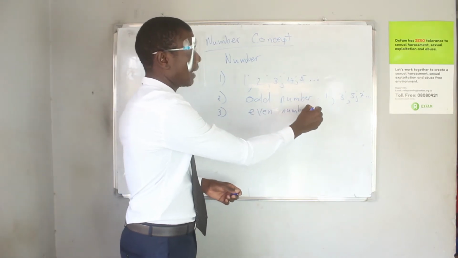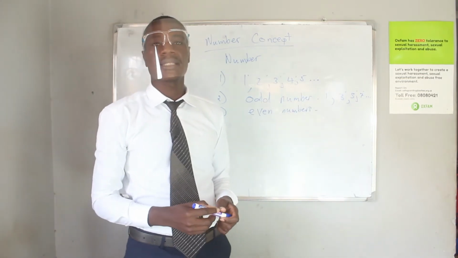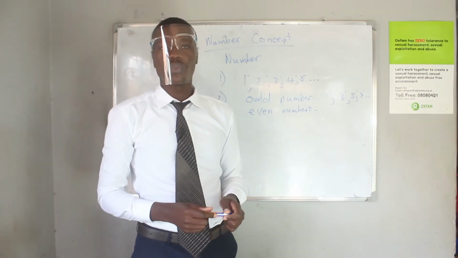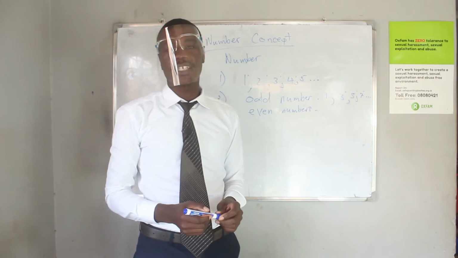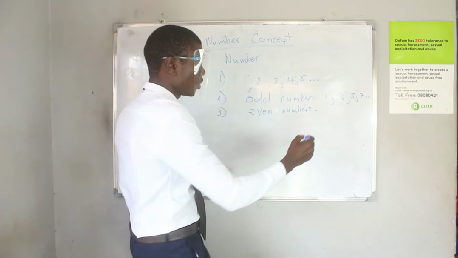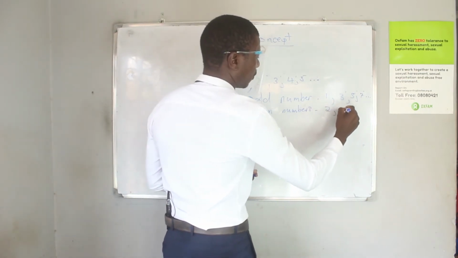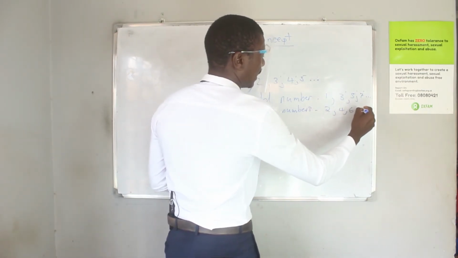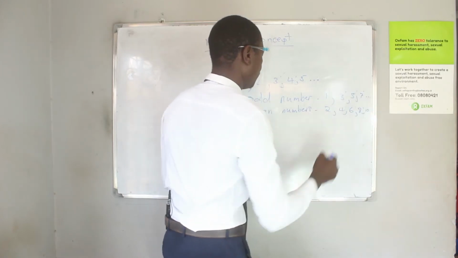Even numbers are best described as multiples of 2, or those numbers that are divided by 2 without leaving a remainder. For example, 2, 4, 6, 8, 10.